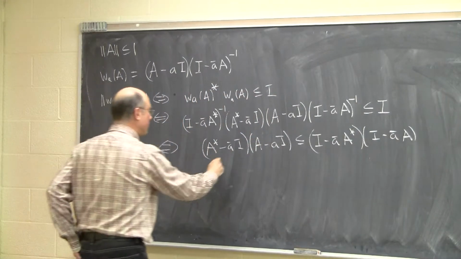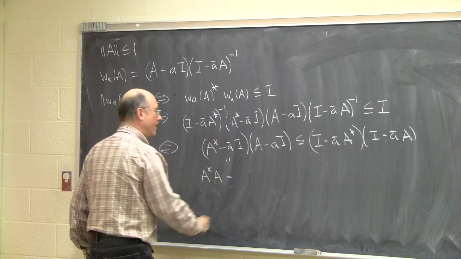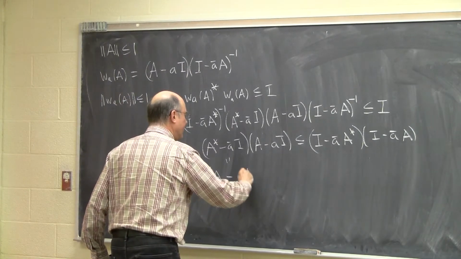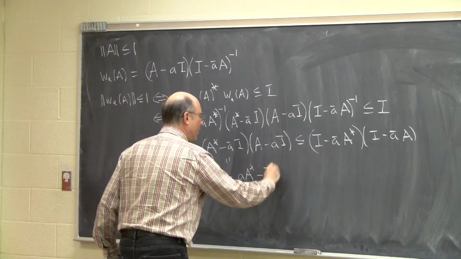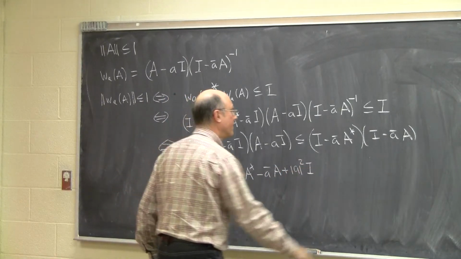Okay, so let's just multiply that out. That's A star A minus a A star minus a bar A plus absolute value of a squared times the identity.